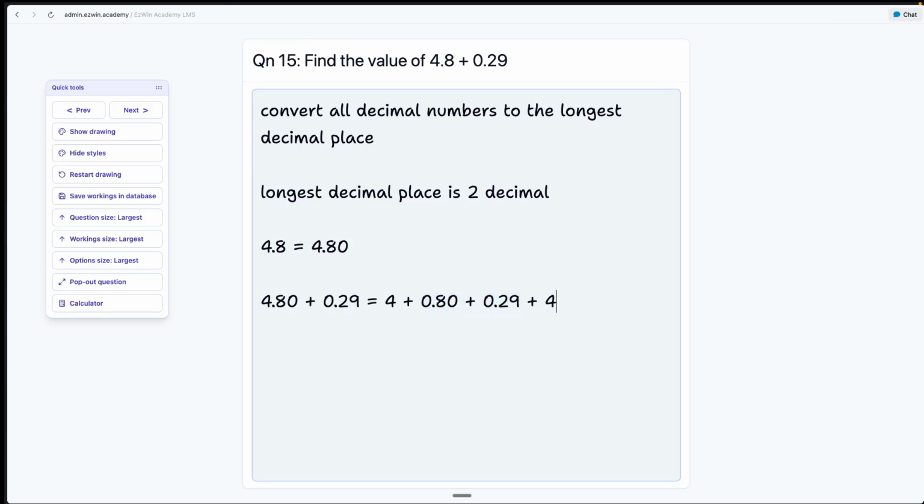It will be equal to 1.09. Okay, so you do your workings to make sure that this is correct. And if you add together, the answer is 5.09. That's it. So that's the answer, 5.09.